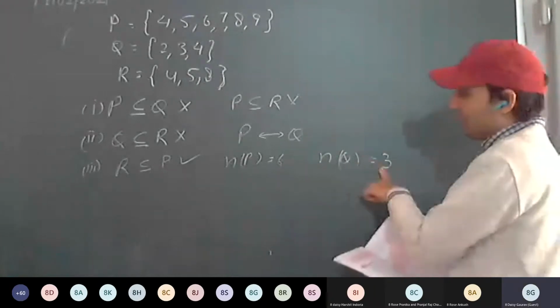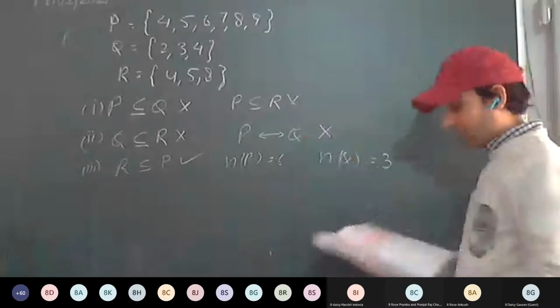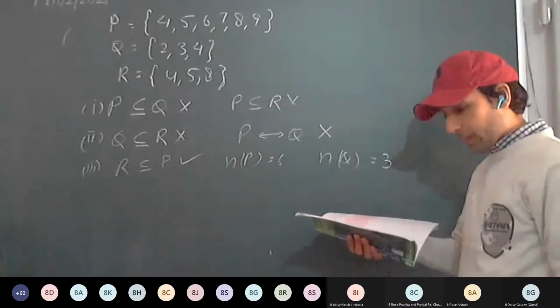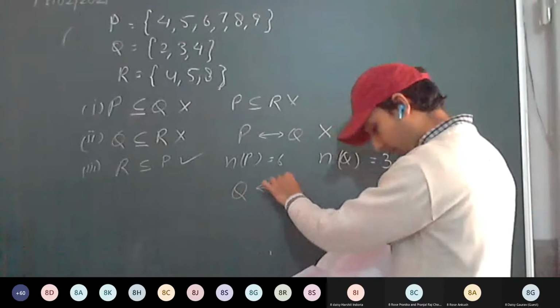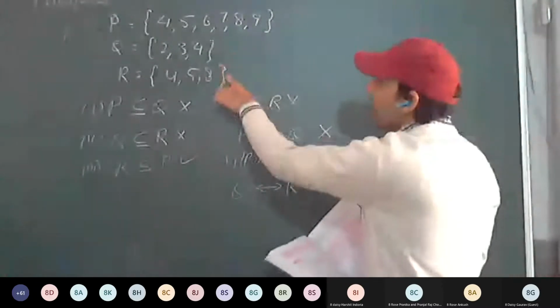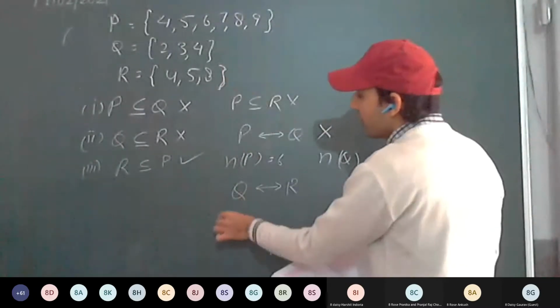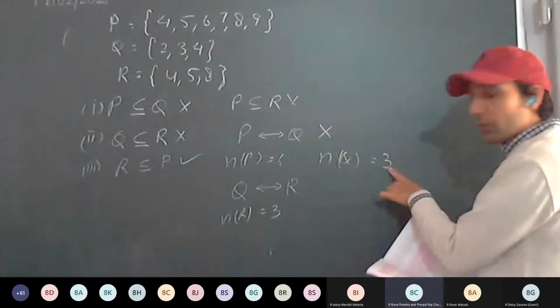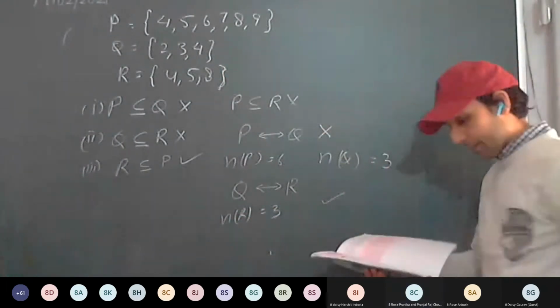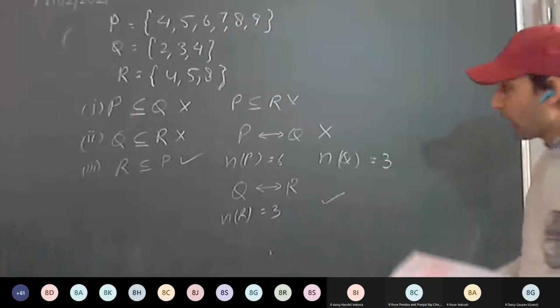Are they equal? No. Q equivalent to R: n(R) equals 3, n(Q) equals 3 as well. Yes, they are equivalent sets.